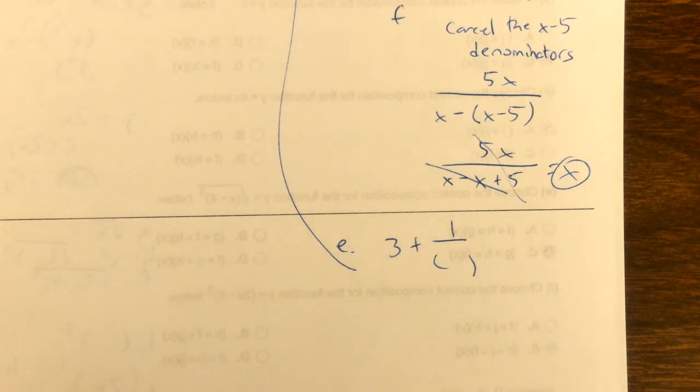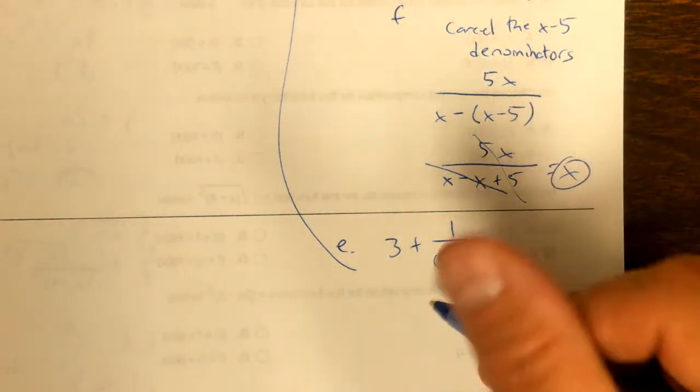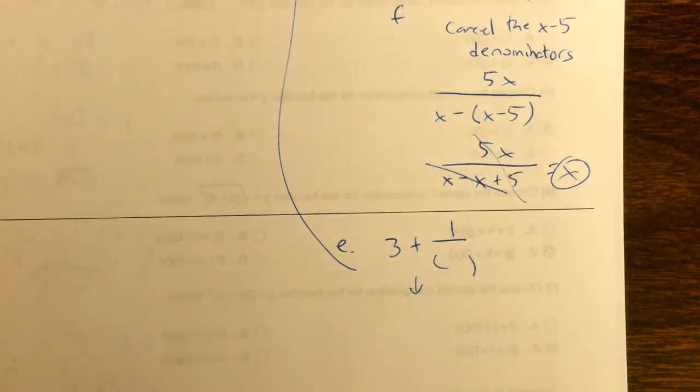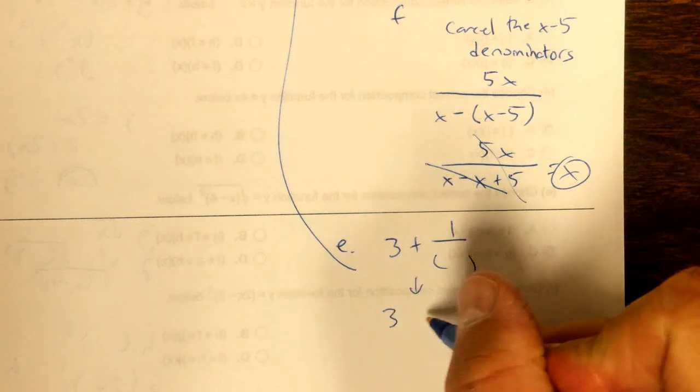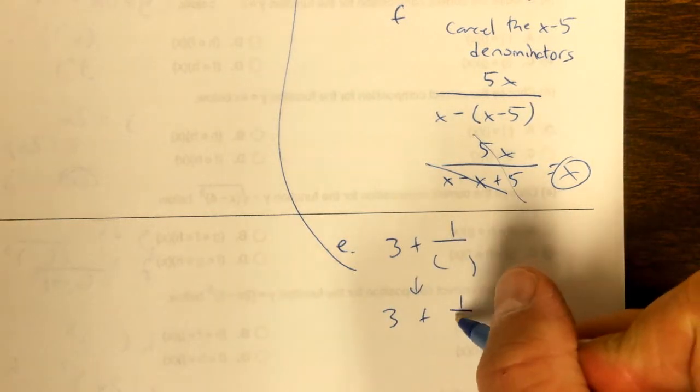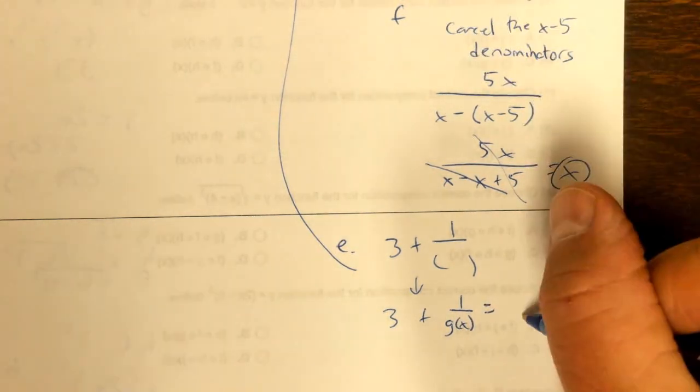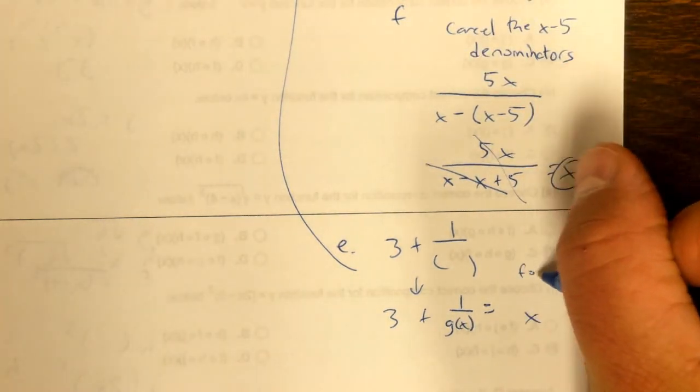So, let's see. On this one, we start like that, and then we've got to make it like it's 3 plus 1 over the g of x function equal the x function, which is the f circle g.